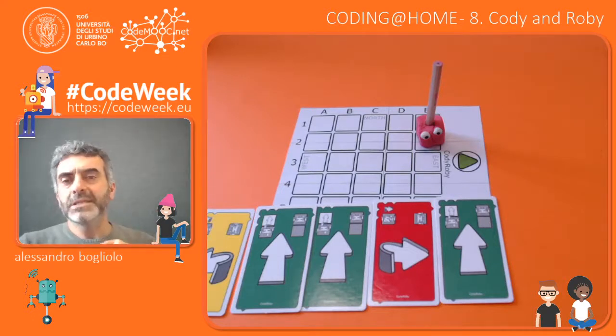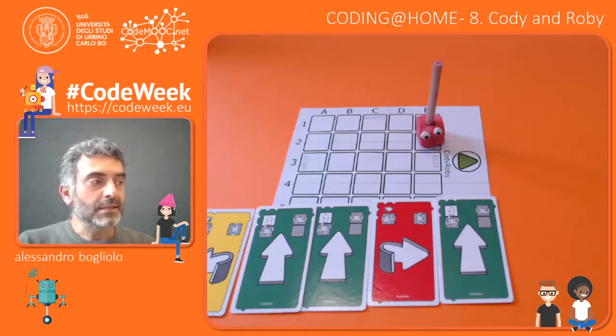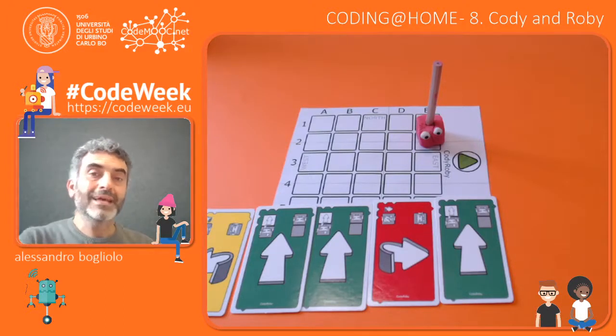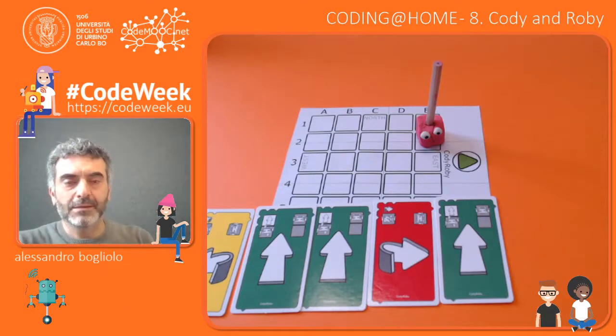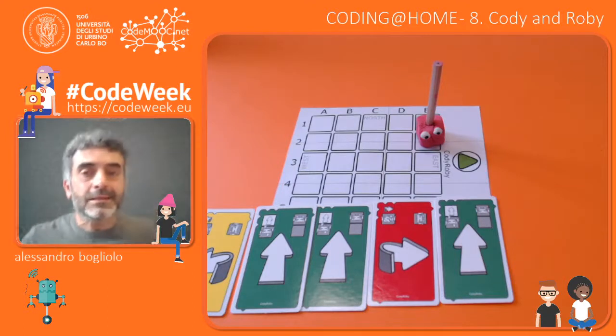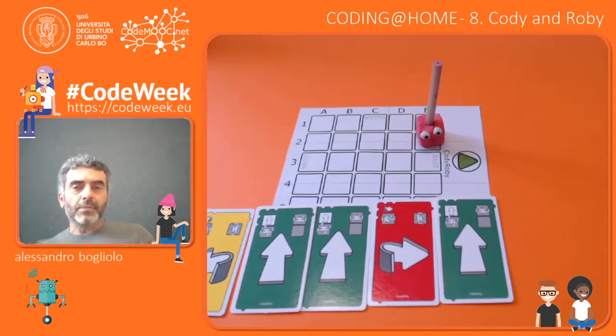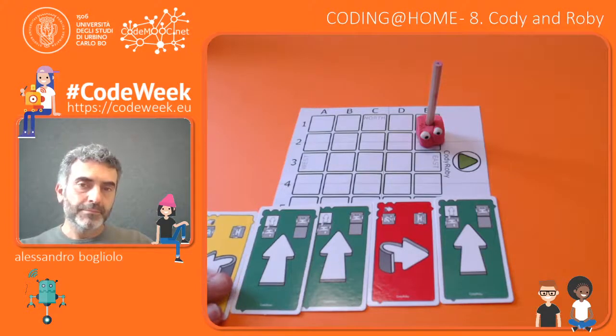Making mistakes while programming is very, very common. And this means that it is very important to test your program before being sure that it is correct. In order to test the program, I have to ask my ideal performer, Anna and Roby in this case, to test it for me.